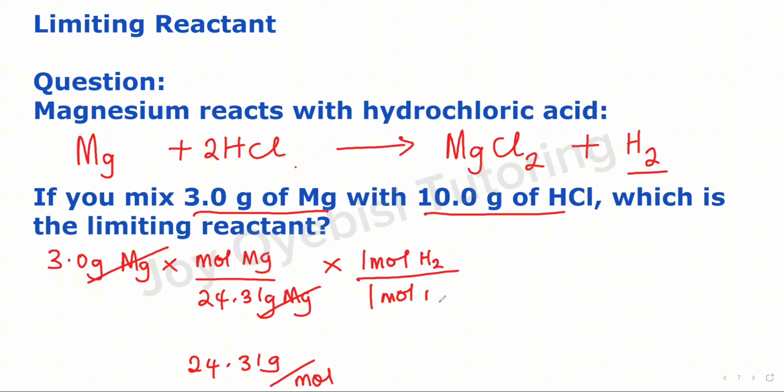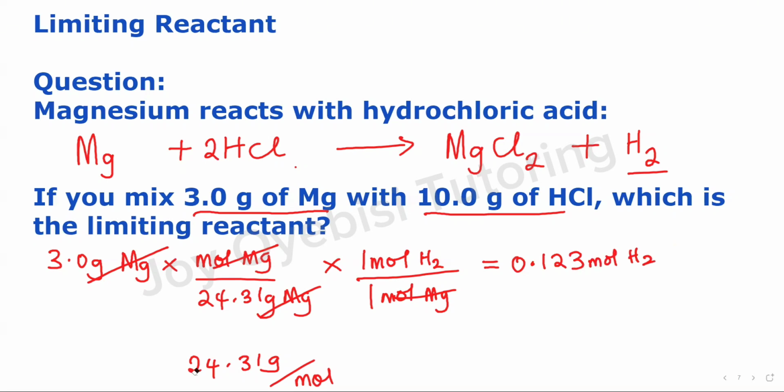This is a 1-to-1 mole ratio situation. So the mole of magnesium will cancel, and we're going to stop here because the question is just asking for the limiting reactant. So I'm going to do 3 times 1 times 1 divided by 24.31 times 1, and that gives me 0.123 mole of hydrogen. So that's the first calculation.